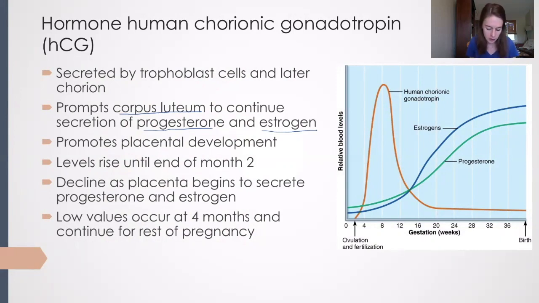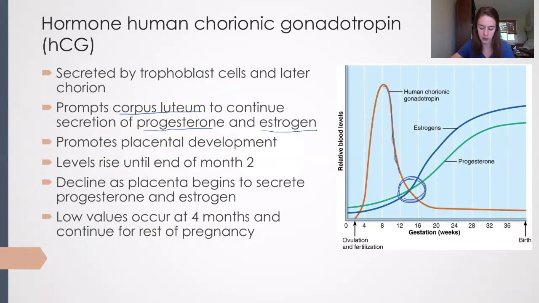It is going to also help development of the placenta. Those estrogens and progesterone are important for placental development. At this point, this crucial point is when the placenta starts to take over production of estrogens and progesterone. So this is the point where human chorionic gonadotropin has started to decline.